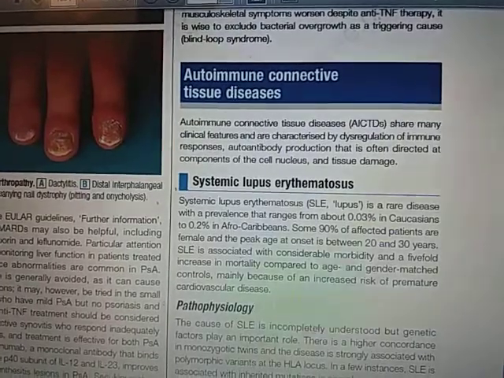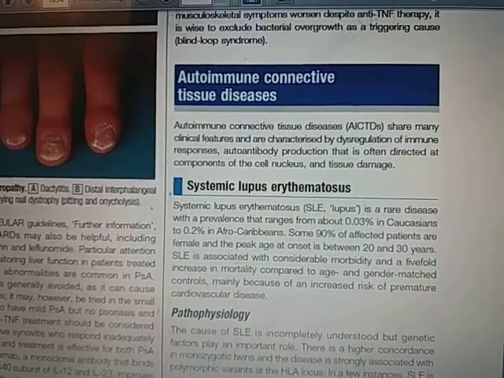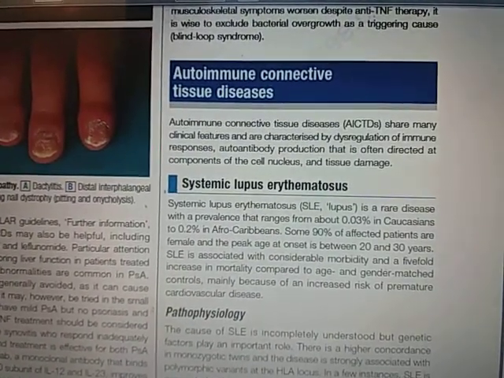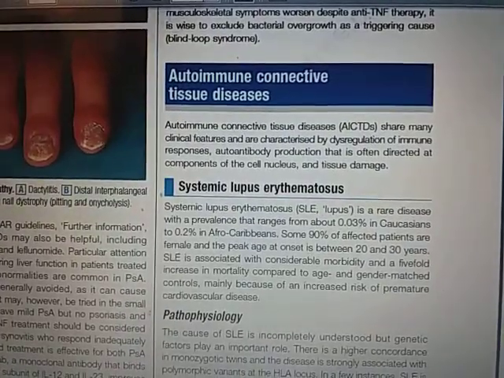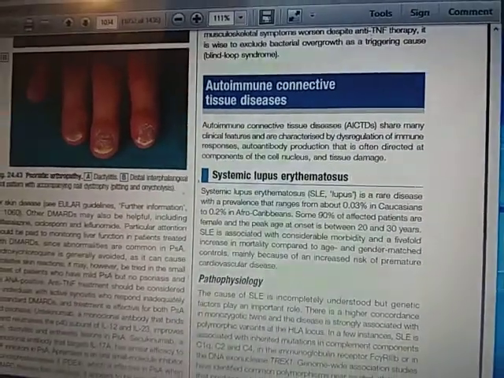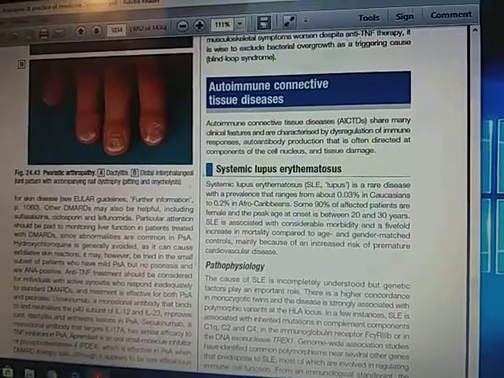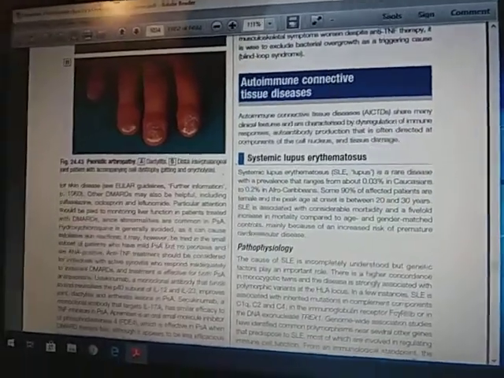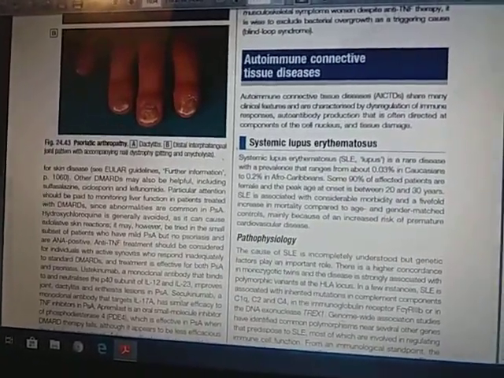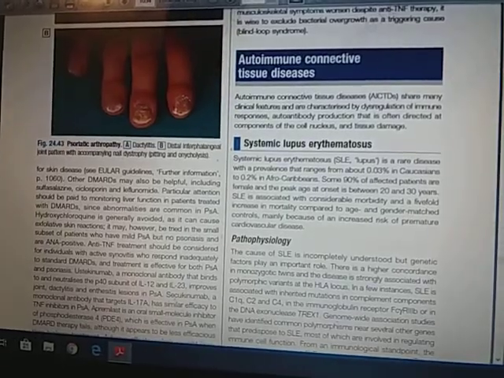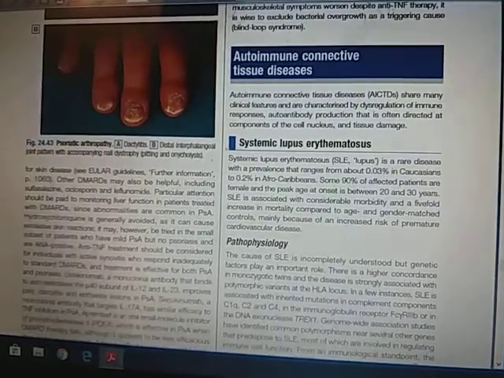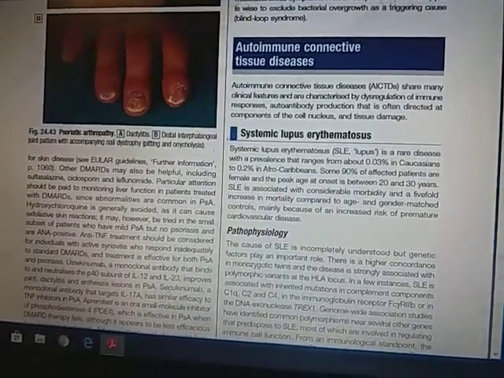As we have just said, it is a multi-systemic disease. So we study SLE in rheumatology, dermatology, nephrology, immunology, neurology, and gynecology.